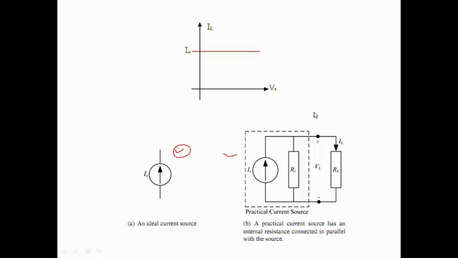Actually this is a dual network of the voltage source we showed on the earlier slide. The voltage source Vs was in series with a resistance, and this current source is the dual of that.